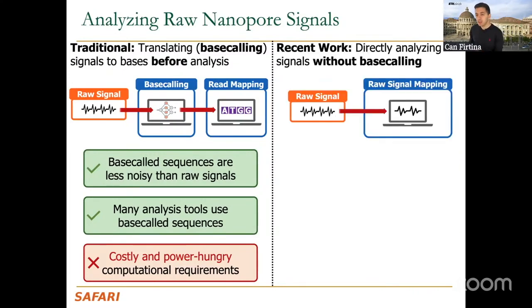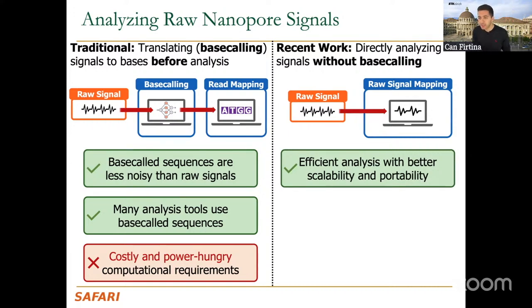There are more recent types of work that try to eliminate this translator, which is the base calling, so that we can directly analyze this raw signal to make our analysis. So perhaps it can be understood as you don't need a translator anymore, because now you learned the language, so that you can directly talk to this particular language and then do your analysis.